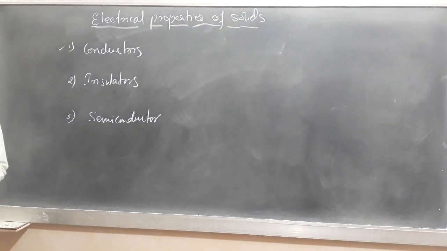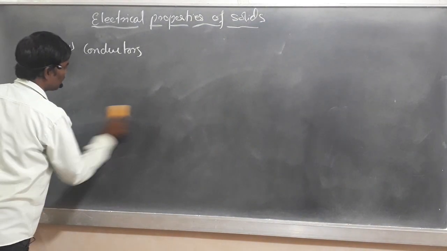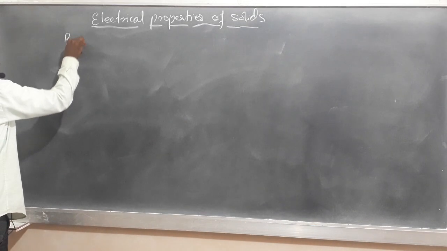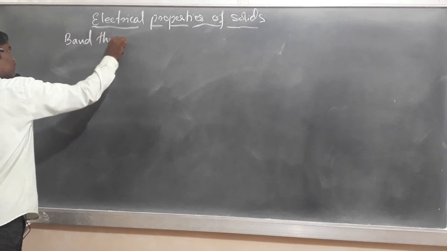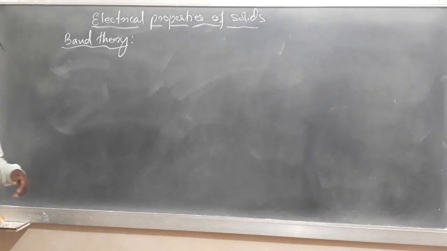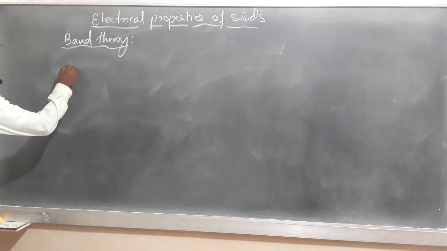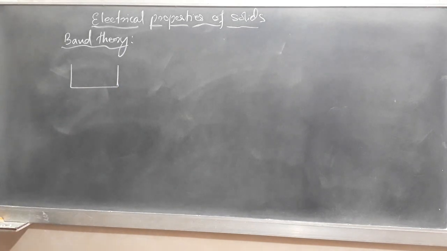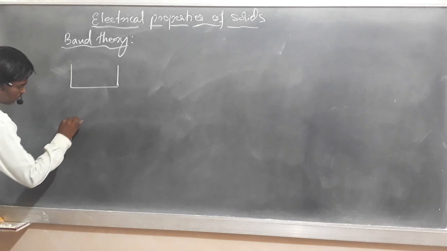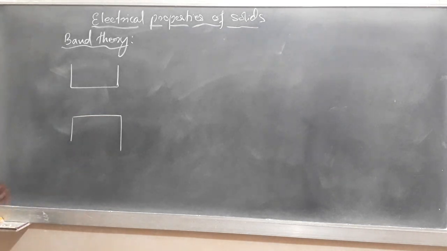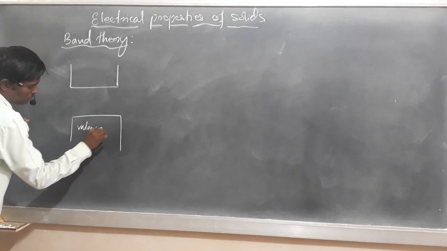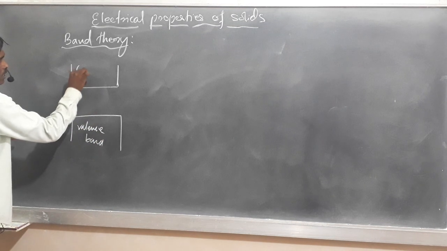Now students, let me discuss conductors, insulators and semiconductors in terms of band theory. In band theory, we define two bands: one is the valence band and the other is the conduction band.